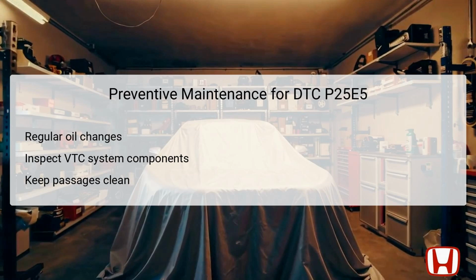Catching any signs of wear or malfunction early on can save significant time and expense in the long run. Lastly, ensure that the oil passages remain free of debris and clogs. Implementing periodic cleaning can improve oil flow and system efficiency while keeping the engine operating at peak performance. This comprehensive maintenance strategy helps in minimizing the risk of DTC reoccurrences.